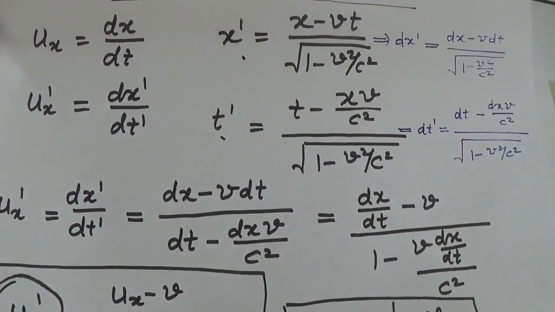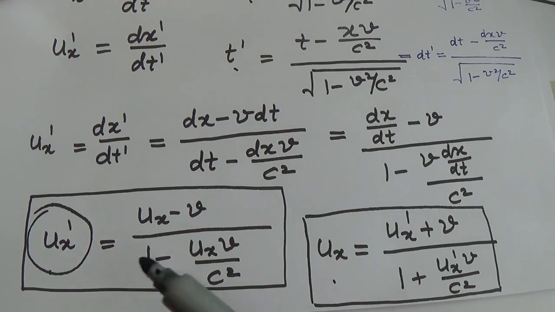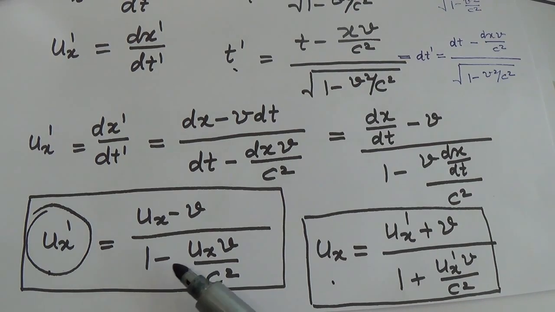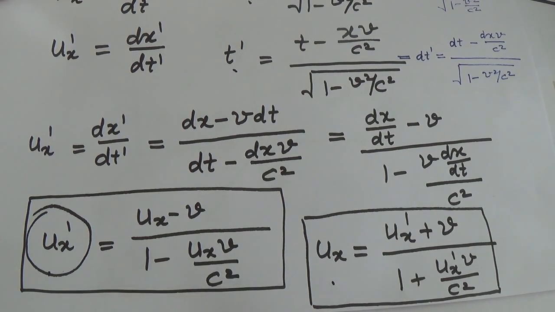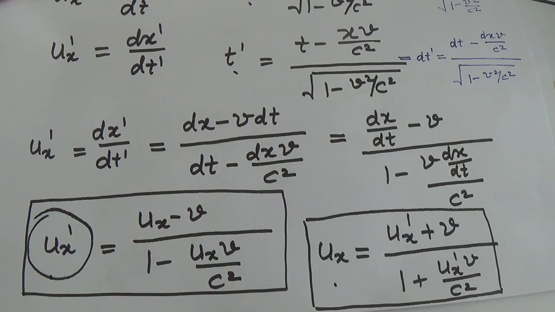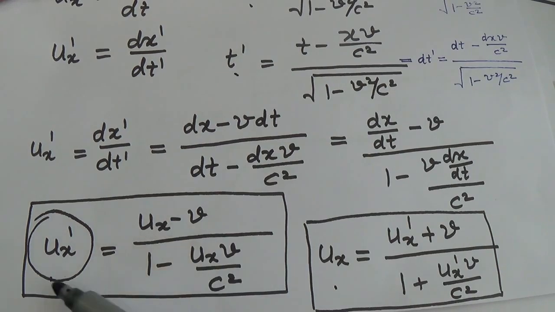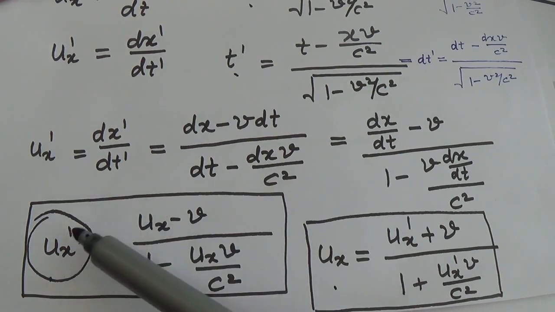But suppose you know only this formula, ux prime is equal to ux minus v upon 1 minus ux v upon c square, and in the numerical problem you have to find out ux. Don't try to rearrange the terms in this particular formula.